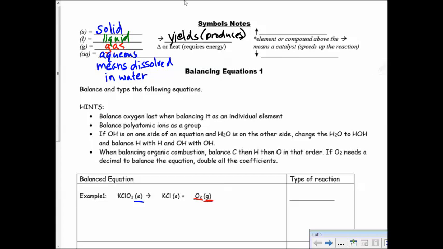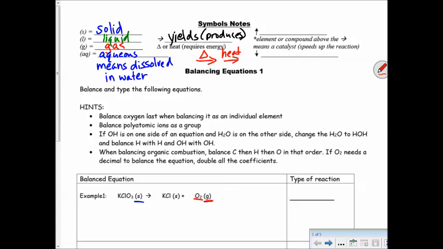Now, if you see above an arrow a triangle like that, or you see the word heat written above the arrow like so, that just means in order for the reaction to occur, it requires energy. So you must give it energy, you must put it on the hot plate, heat it up, or under the Bunsen burner, you need to provide some energy to get the reaction started.